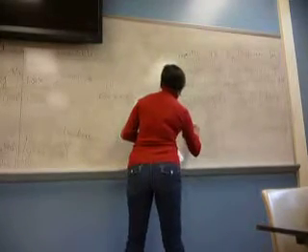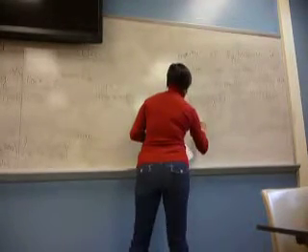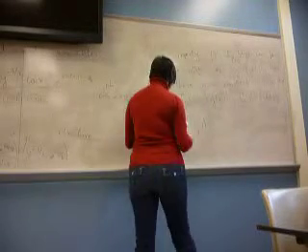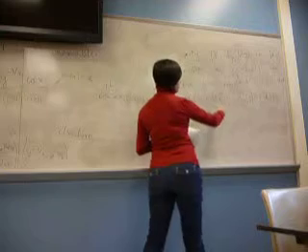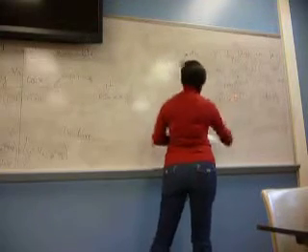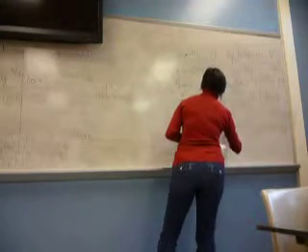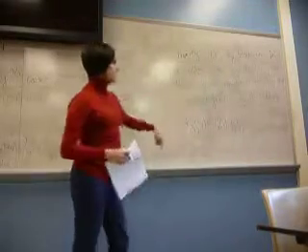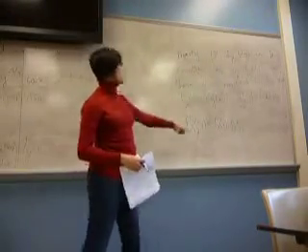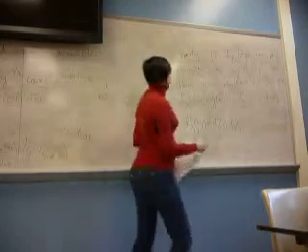Therefore, f(x, y) would be g of x times h of y. The c and 1 over c would cancel out, and you get g of x times h of y, and that is just the density function.